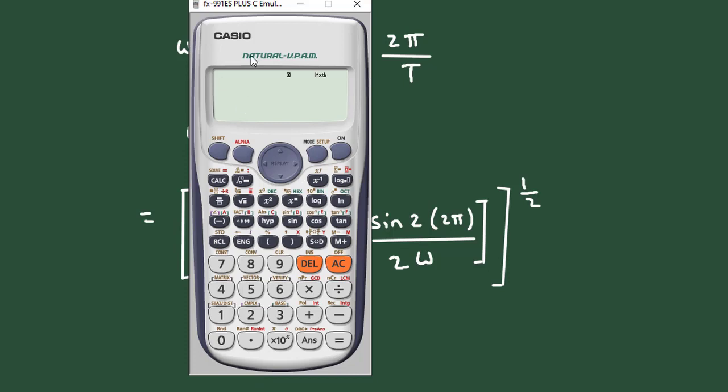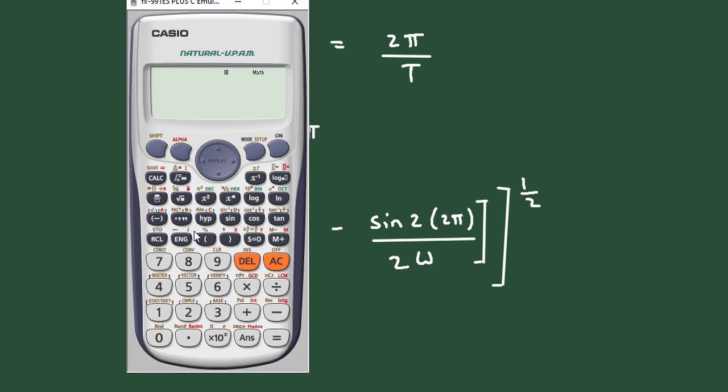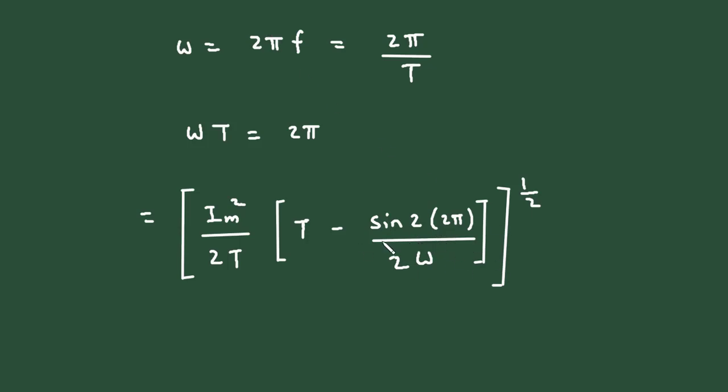Let's solve this in calculator. Sine 2 into 180. Pi means 180 degree. So it will be 0. So this term will become 0.